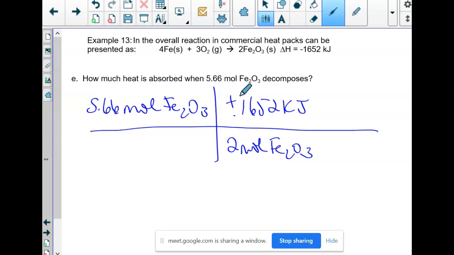Now we're just going to calculate the math. So 5.66 times 1652 divided by 2 gives me positive 4675.16 kilojoules. Okay, is everybody clear why it's positive? Because the reaction that's given as a negative is not the same direction that the question is asking about.